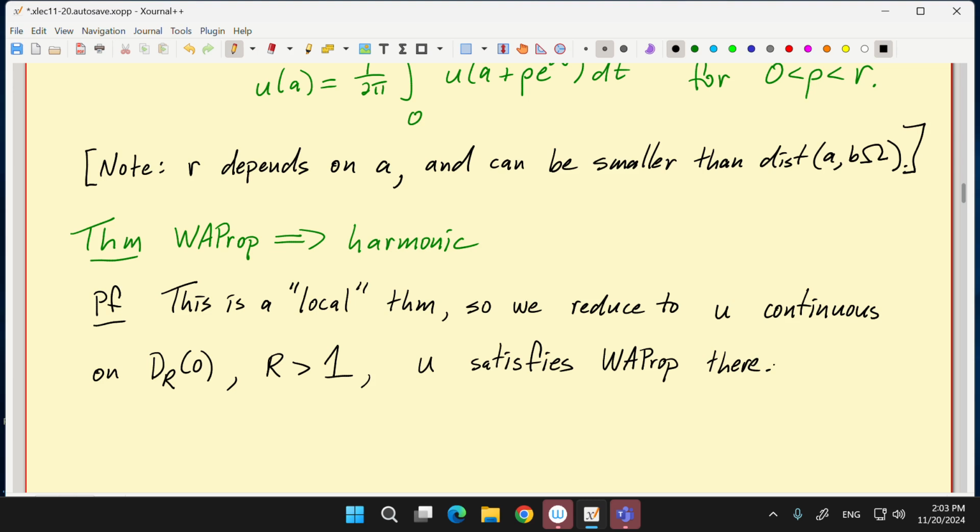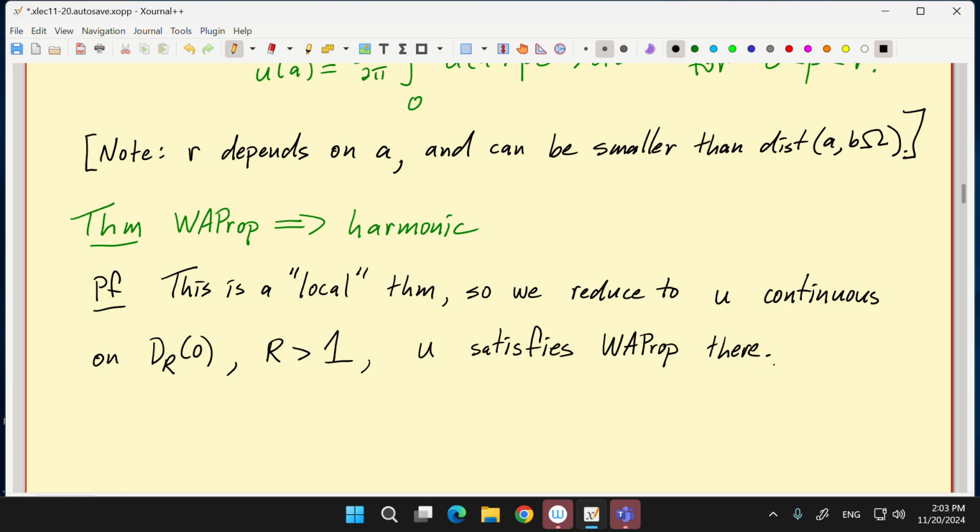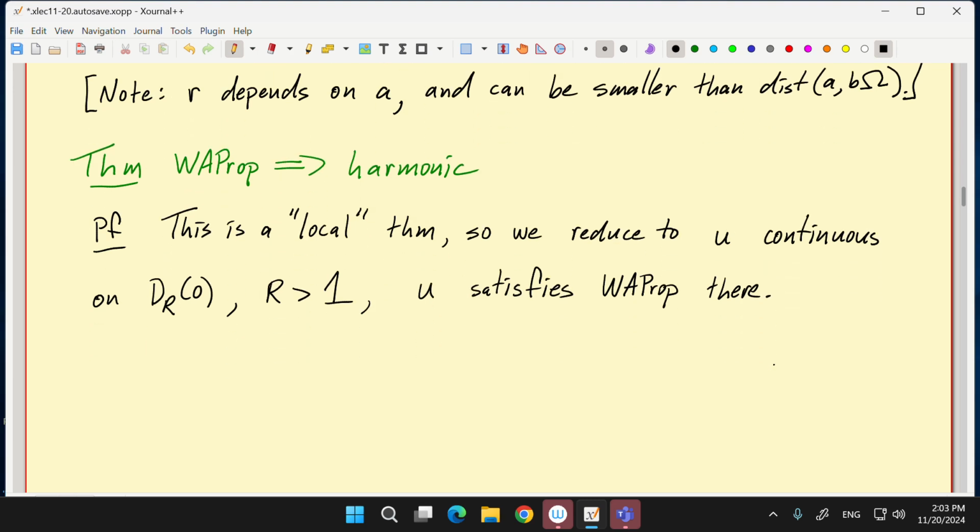Okay, let's see. So what's the standard trick? The standard trick is to take the Poisson integral. So we let u twiddle of z be the Poisson integral of the boundary values on the unit circle. So that'd be the integral from 0 to 2 pi of P of z, e to the i theta, times u of e to the i theta, d theta.